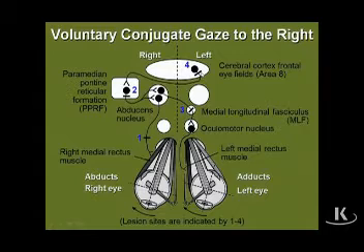But the interesting feature about this is the cortical gaze center is not connected directly to cranial nerves 3 and 6 on the appropriate side. Instead, as indicated by the diagram, the axons coming out of the left frontal eye field descend down into the brainstem. They all cross the midline, and instead of going to cranial nerves 3 and 6, all of these cortical axons synapse in a second gaze control center that's located in the pons.